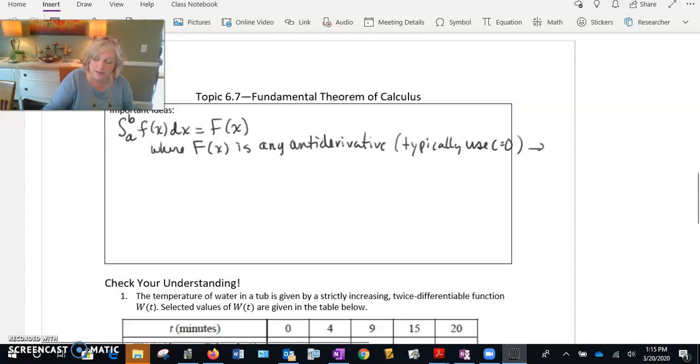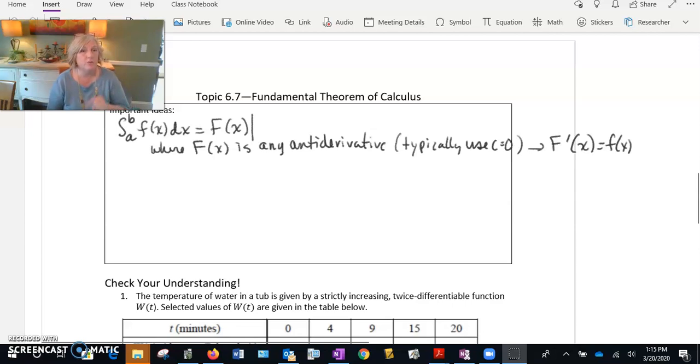That also means that the derivative of capital F of x is little f of x. And so that is important. Now, obviously, there's something missing here that we have to denote that we're going to do net change. So the notation is we're going to draw that evaluate bar, which we did see when we were using the derivatives.